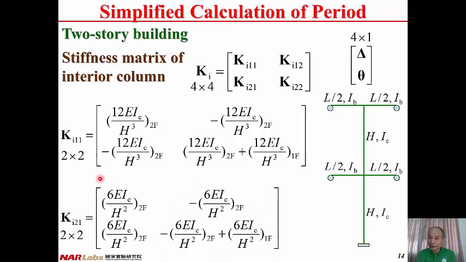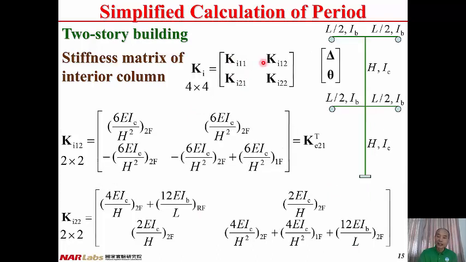So far we have already constructed these 2 matrices, KI11 and KI21. And then we are going to construct these 2 matrices. That means that if you would like to have a unit rotation at the roof, that's the lateral force required, that's the moment required. If we would like to have a unit rotation at the second floor, that's the lateral force required, that's the moment required.